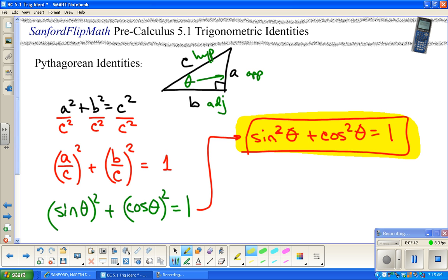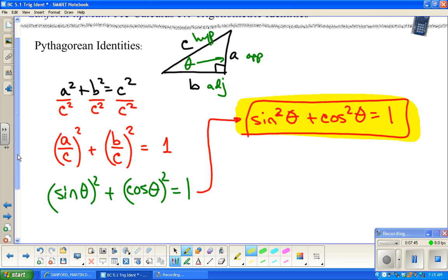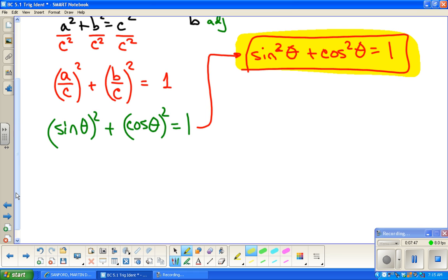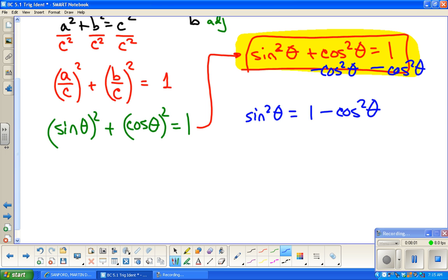Now there are some ways to rearrange this. After we play around with this quite a bit, you're going to get very comfortable with the fact that if I subtract cosine squared from both sides, then sine squared will be equal to 1 minus cosine squared. Now, just like the Pythagorean theorem, this only works if you see those squareds in there.